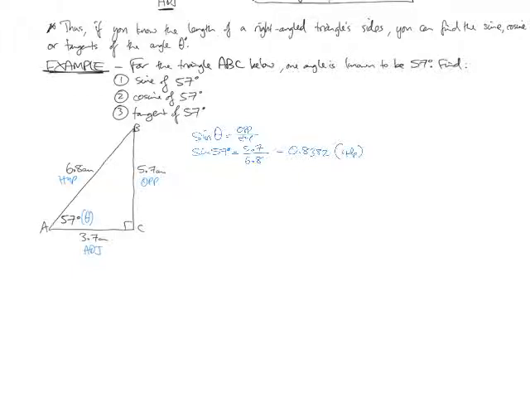Now, on your calculator, you'll notice that you've got a sin, cos, and tan button. If you press the sin button and press 57 and then press enter, you'll get the same answer, because it's showing that the ratios are always the same.